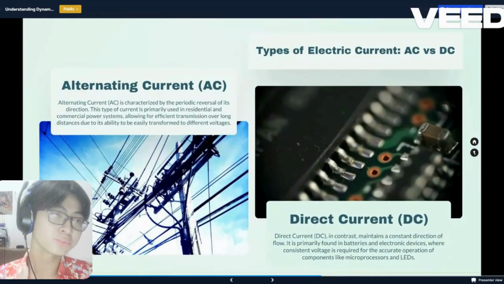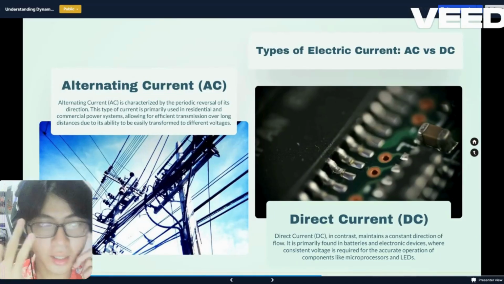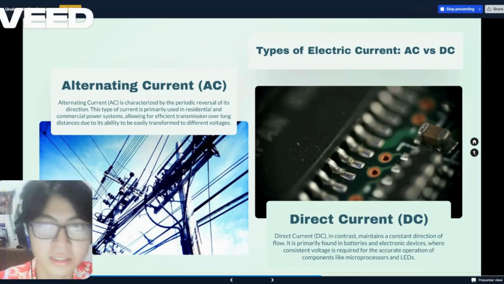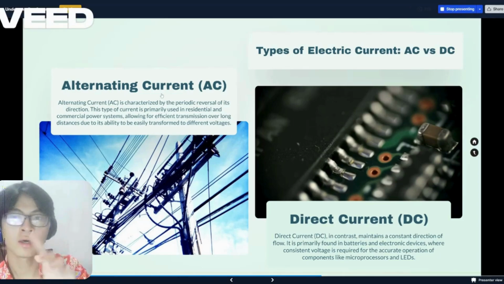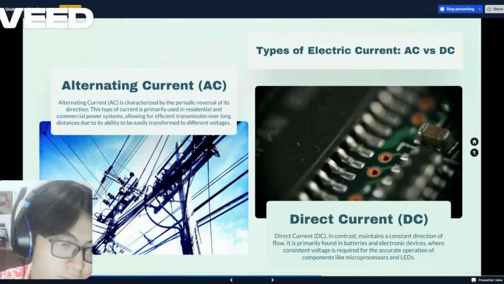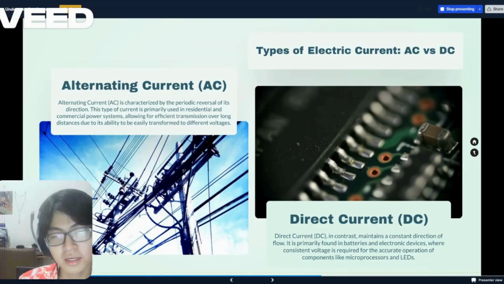Alright, but first we need to understand there are two types of electric current that we have to thoroughly understand. One is alternating current and two is direct current. So what are they? Alternating current is characterized by the periodic reversal of its direction.